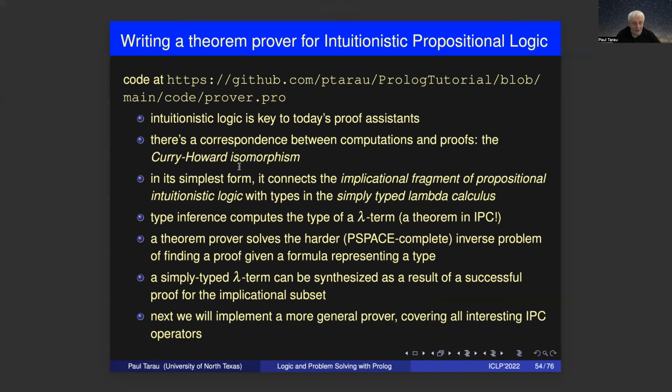A simply typed lambda term can be synthesized as a result of a successful proof, for the implicational subset. Let's now look at how you would build a theorem prover for this logic, actually for the more general logic that has not just implications, but also the other connectives.